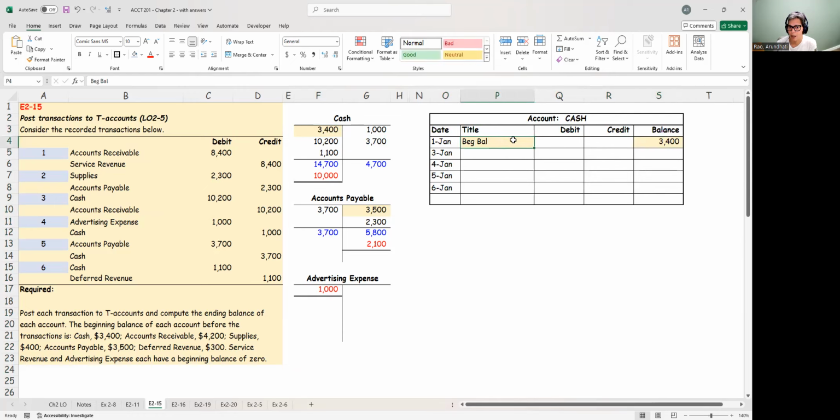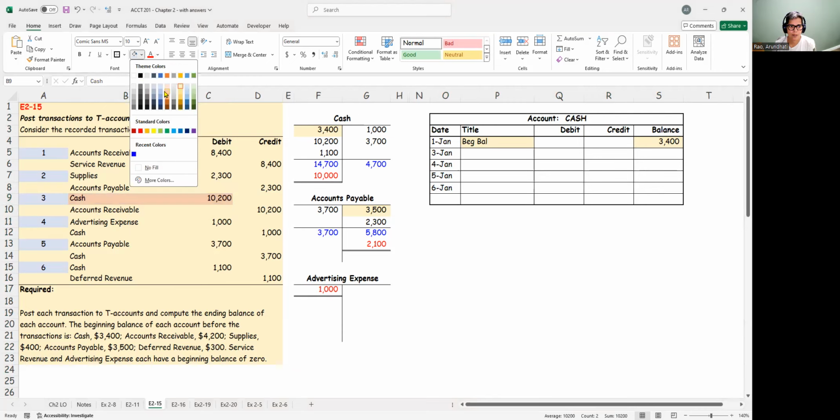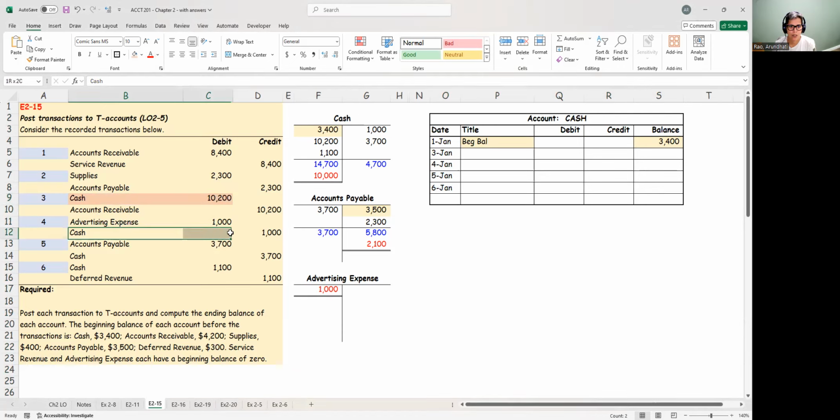So again, we had a beginning balance of 3,400. I wrote beginning balance and I wrote 3,400. Then now let's look through over here. Remember, not all transactions affected cash. So I'm just going to highlight when cash is debited or credited, because that's all I'm talking about right now.